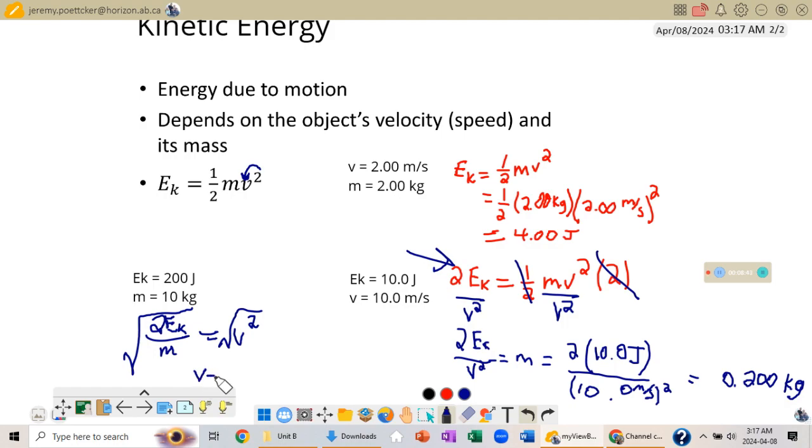And so v is equal to the square root of 2EK over m, which is equal to 2 times 200 joules divided by 10 kilograms.